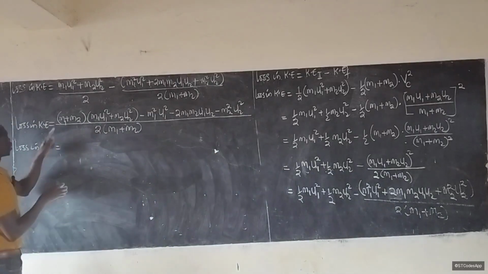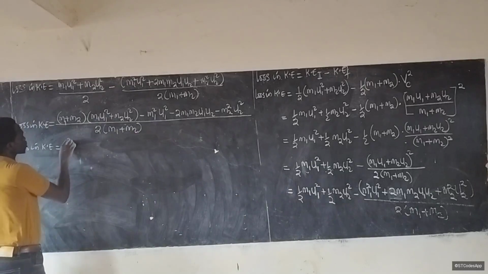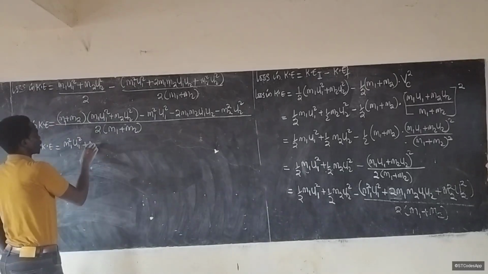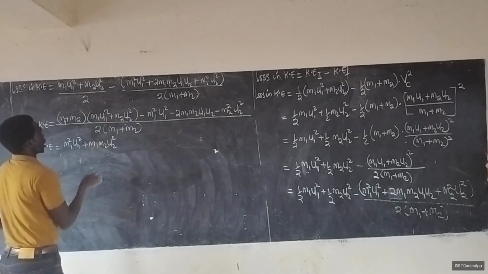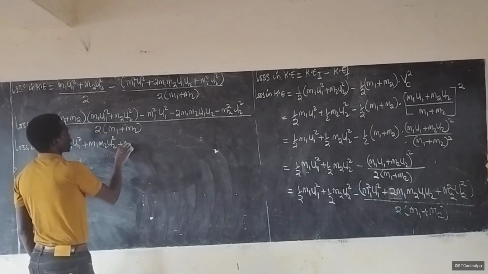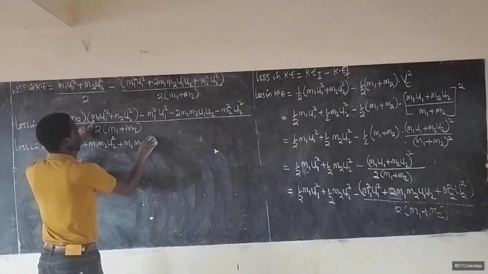In this case, I'll have M1 multiplies that, I'll have M1 square U1 square, and then I'll have plus M1 M2 U2 square. When I multiply this and this, I'll have plus M1 M2 U1 square.